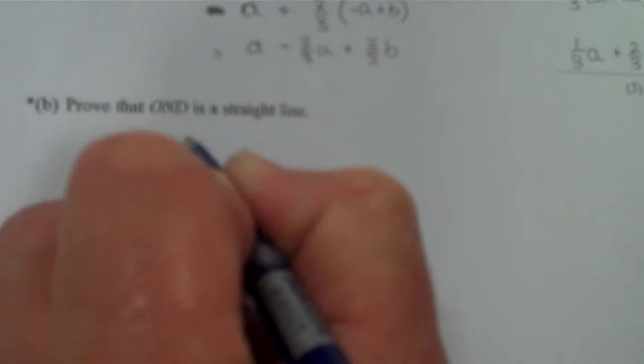So I can say that OD is equal to OA plus AC plus CD, and OA is an A, and AC is a B, and CD is a B, and if I collect the terms I get A plus 2B.